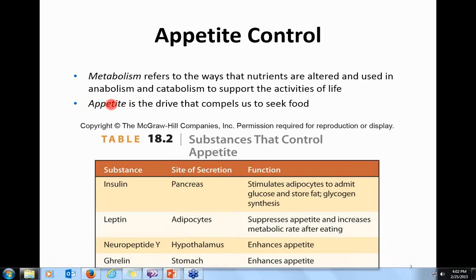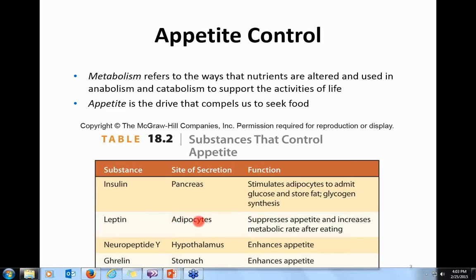Appetite is the drive that compels us to seek food, and your body has several ways to regulate appetite. One is insulin. Insulin, as you know, is the hormone made by the pancreas that causes glucose to be taken up by the cell, and this is an appetite suppressant.